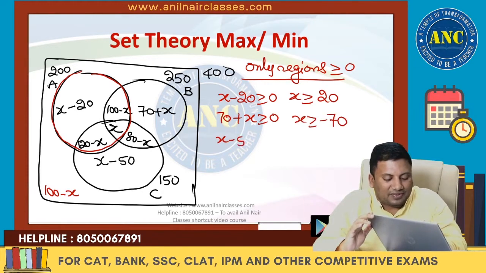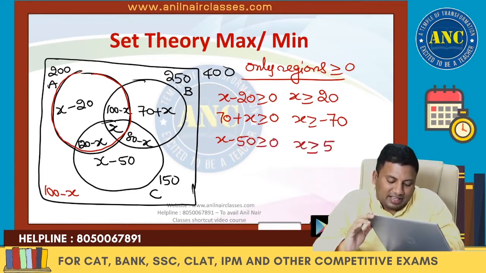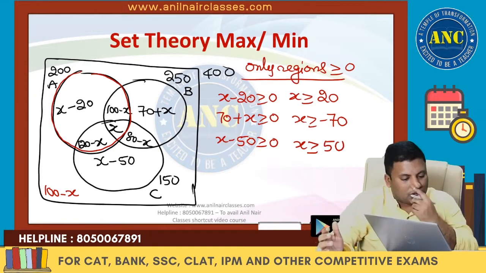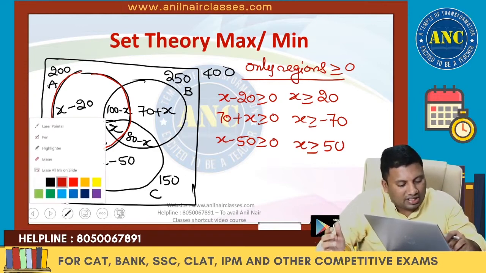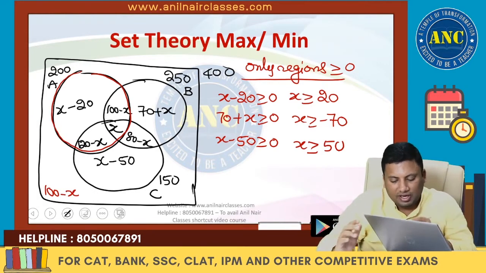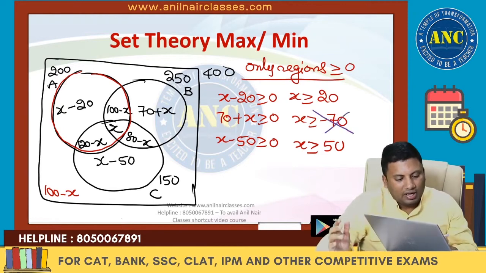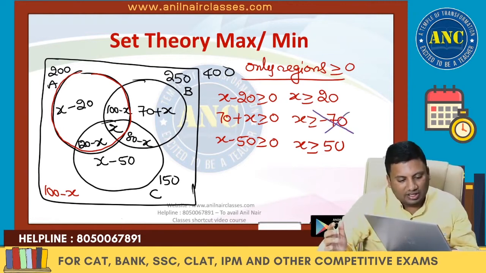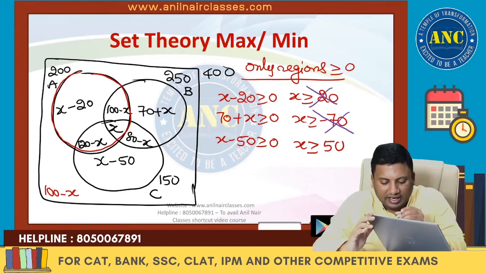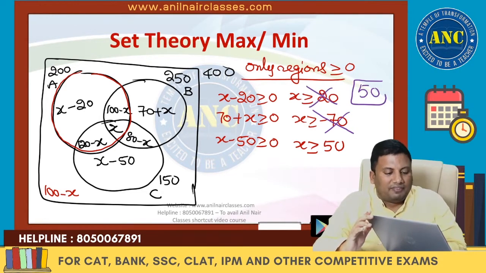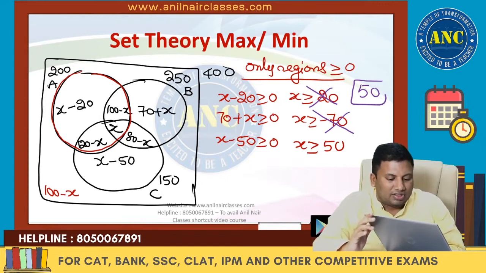X minus 50 greater than or equivalent to 0, X is greater than or equivalent to 50. You should not get negative values in the regions. 20 minus 50 would be negative. So the minimum value answer is nothing but 50.